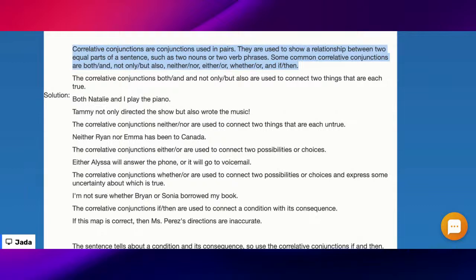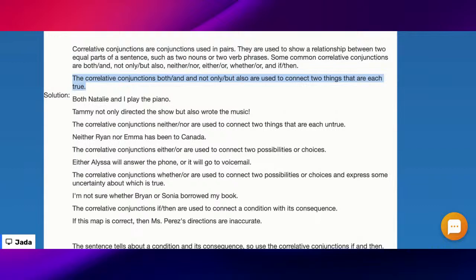Now we need to note that the correlative conjunctions both and, and not only but also, are used to connect two things that are each true.